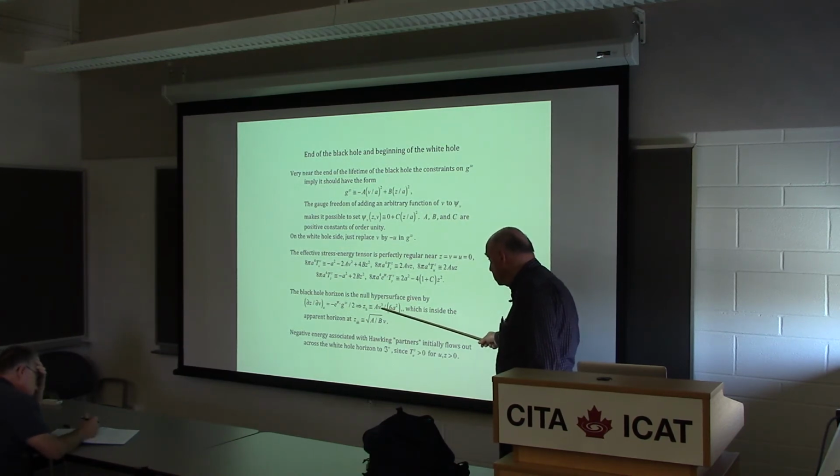So that's the black hole horizon, and remember v is negative, so when you're in the black hole, this z sub h is negative.